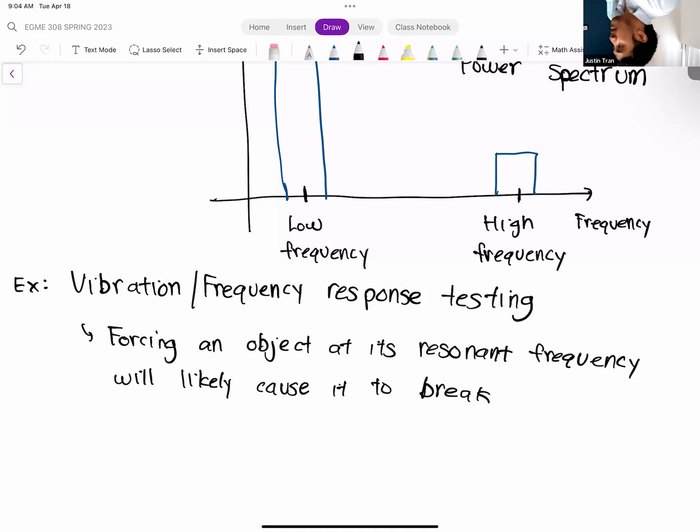It will usually break in a very spectacular way, so it'll be fun to look at, but it would not be fun to pay for it or to fix it, right? And so whenever you're designing a structure, especially a larger structure like buildings or bridges, engineers always have to be aware of what the resonant frequency or natural frequency of that structure is.